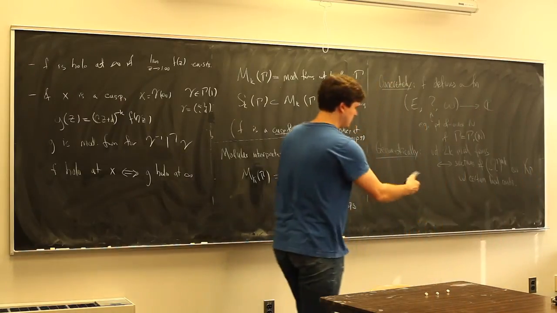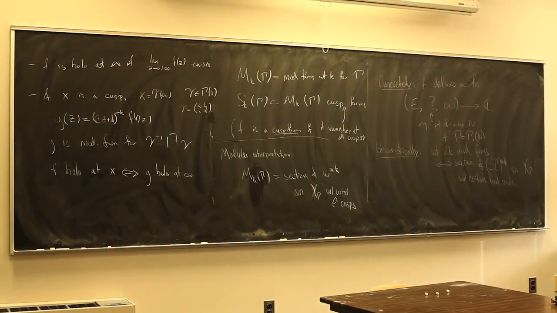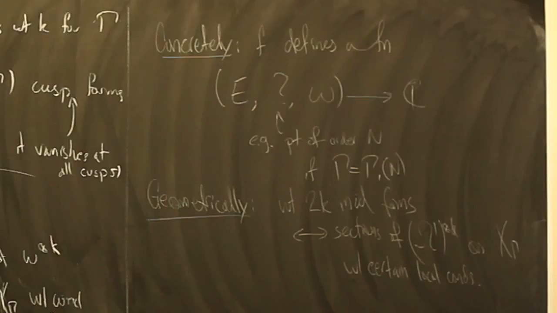In the level 1 case, we saw that weight 2k modular forms corresponded to sections like this, and then at i and at rho, we needed some local conditions on the valuations. You can work out exactly what those conditions are in general, but there's one case where it comes out very nicely, and the answer is important.